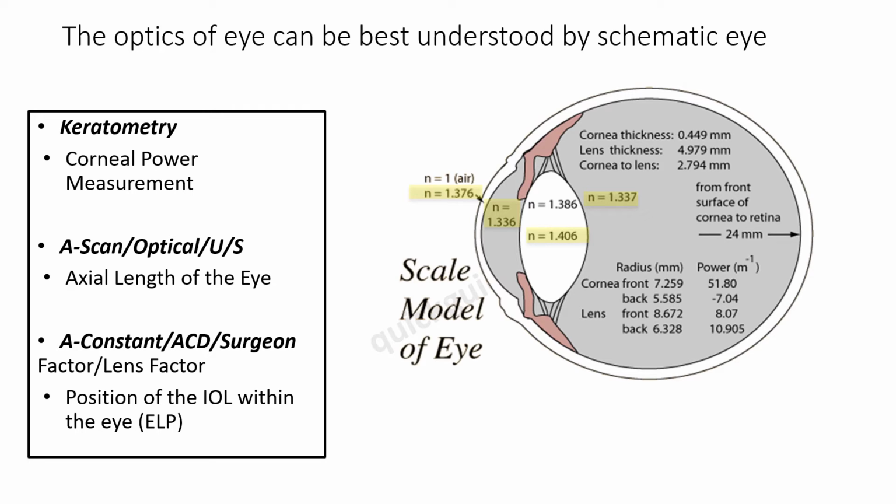More modern formulas like the Barrett Universal 2 and the Holladay 2 will need more data of the patient. For example, in addition to keratometry, axial length, and A constant, they will also require other important information of the patient's eye, for example, lens thickness, the anterior chamber depth, or the horizontal white to white.